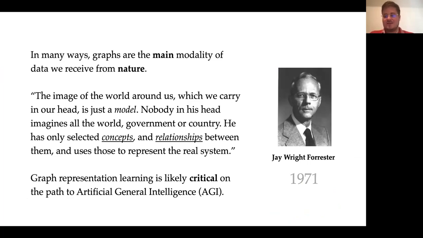If you look at this concepts and relationships idea, you can see that the graph representation is a very natural way not only to represent data that comes from nature, but also a way to organize data when we're doing reasoning. As a result, if we do well in graph representation learning, we will likely do really well on the path to artificial general intelligence. So also from a general standpoint of improving artificial intelligence, graph representation learning is likely to be a very important topic.